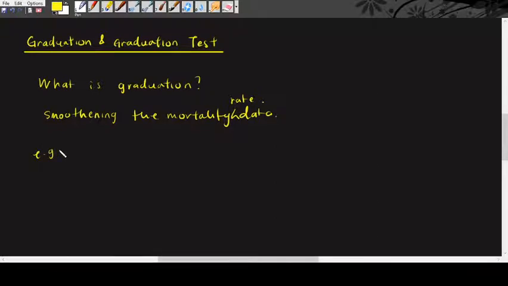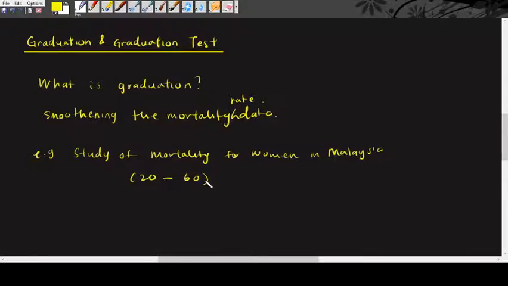A study of mortality for women in Malaysia. Samples of women for different age groups will be collected, let's say for example from age 20 up until age 60.